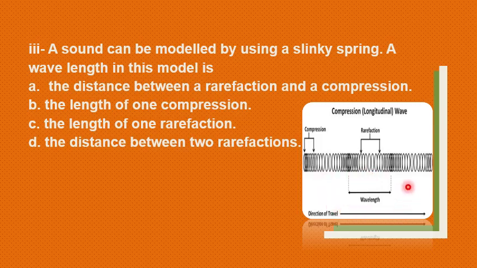By looking at the figure you can easily decide. Wavelength is the distance between two rarefactions or the distance between two compressions. Neither the length of one compression, the length of one rarefaction, nor the distance between a rarefaction and a compression, so these first three options are wrong. So what is the correct one? The distance between two rarefactions is called a wavelength.